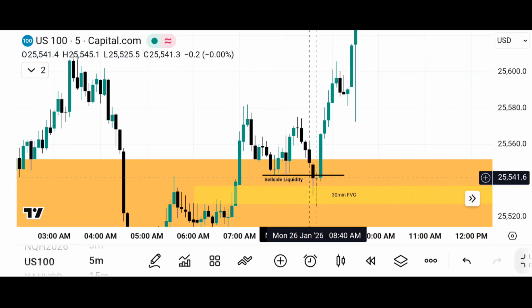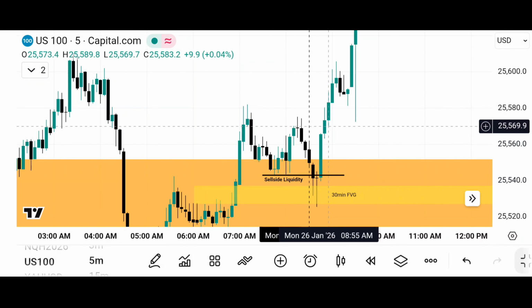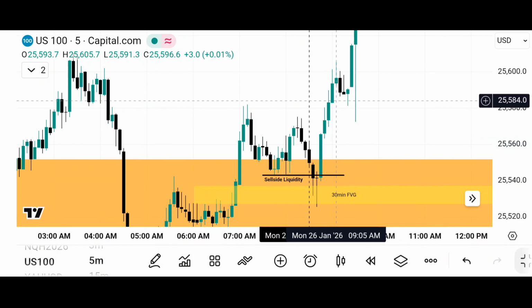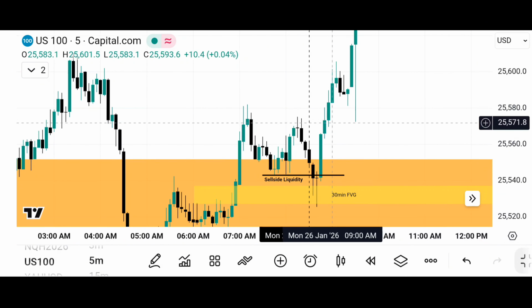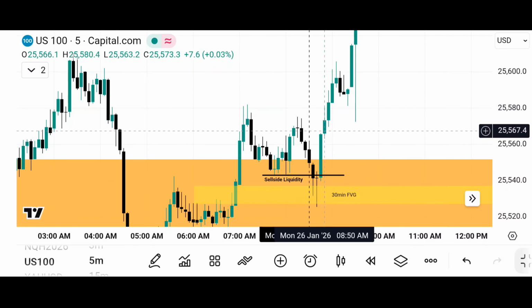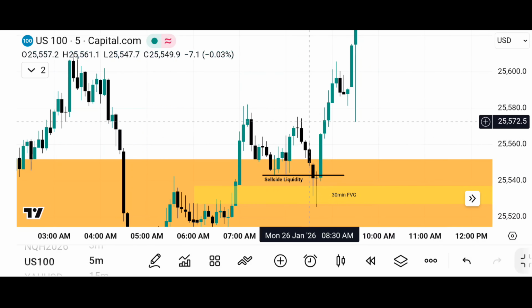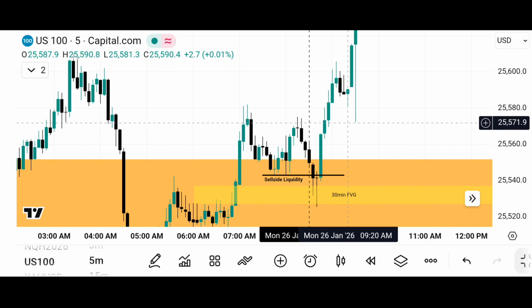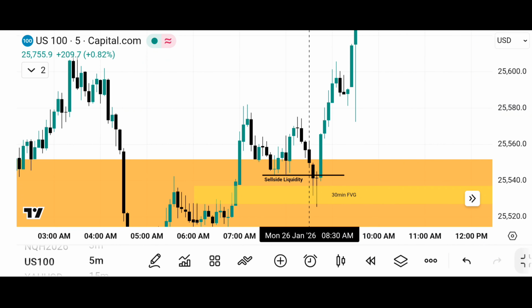Then it displaced. It went up with what? With displacement. You can see this strong movement upward. You can see the candles going up with displacement and taking what? Taking out these short-term highs.